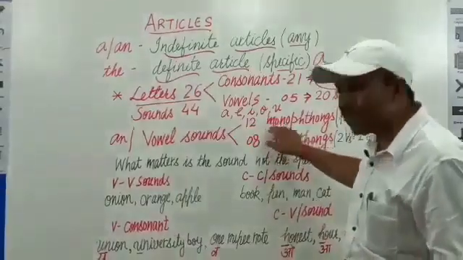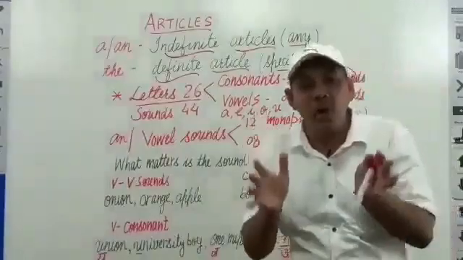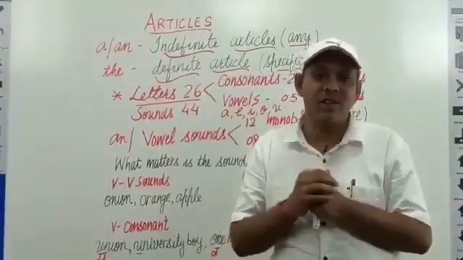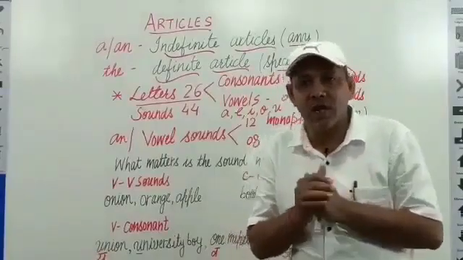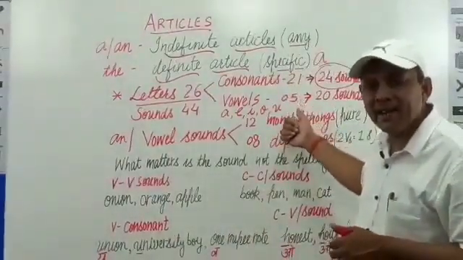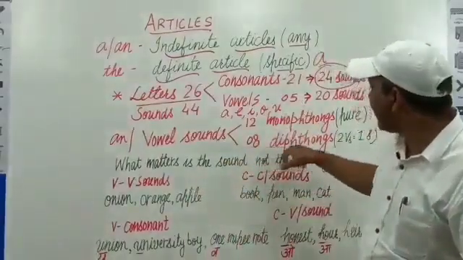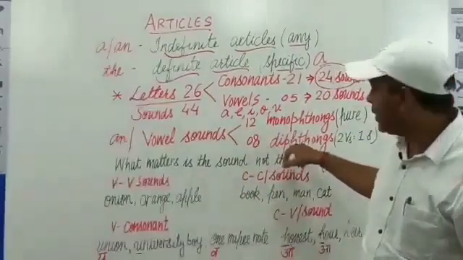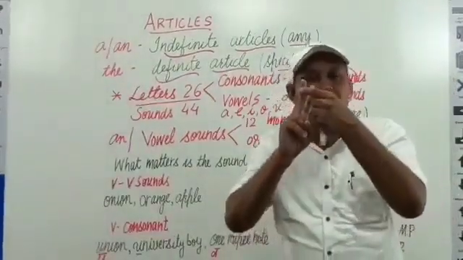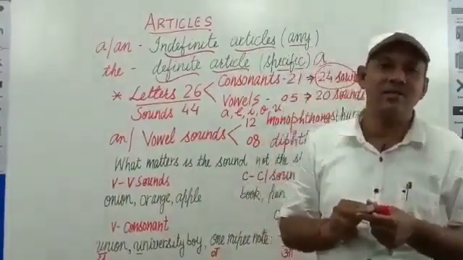So, what are these monophthongs? Monophthongs are known as pure vowel sounds, single vowel sounds. For example, the vowel sound in and, man, etc. But these are 8 diphthongs. Diphthongs means 2 vowel sounds come together to produce a single vowel sound.